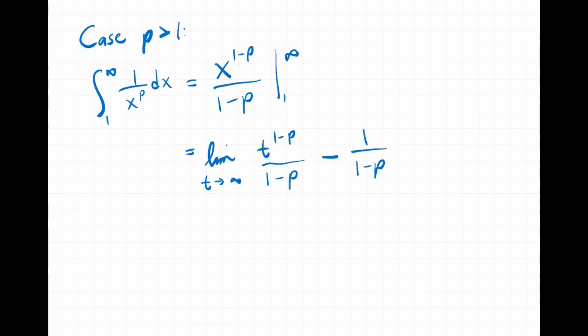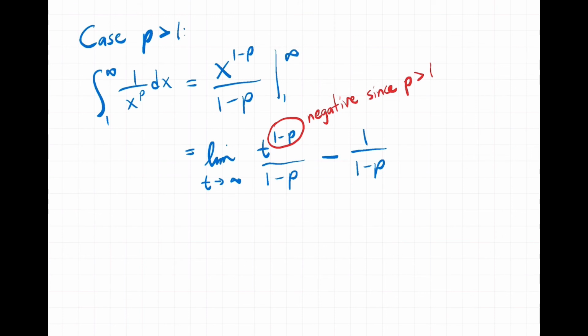What's happening this time? Well, this time p is greater than 1. So if I say 1 minus p, 1 minus a number bigger than 1, that's negative. Since p is greater than 1, and t is going off to infinity, but you're taking t to a negative power. So essentially, it's like you're dividing by t a lot of times.